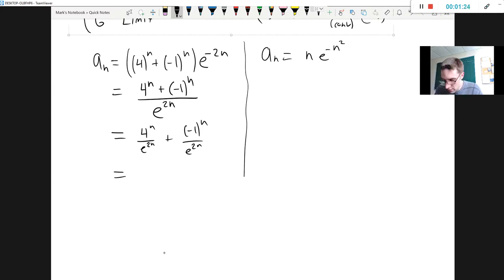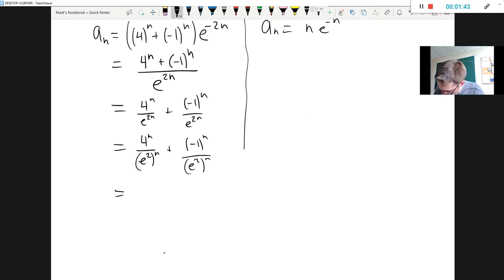In fact, if we apply one of our exponent rules, we can write this as 4 to the n plus minus 1 to the n over e squared to the n. Now that the numerator and denominator are raised to the same power, we can think of this as 4 over e squared raised to the n plus minus 1 over e squared raised to the n.